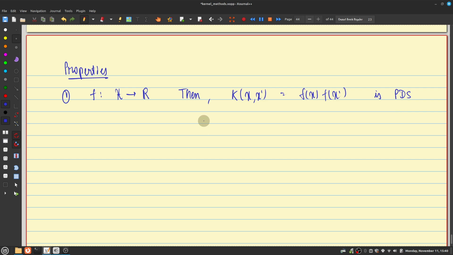It is, because if you look at the Gram matrix, K_ij is just f of xi times f of xj, so K_ji is also equal to this, because it's just f of xj times f of xi.